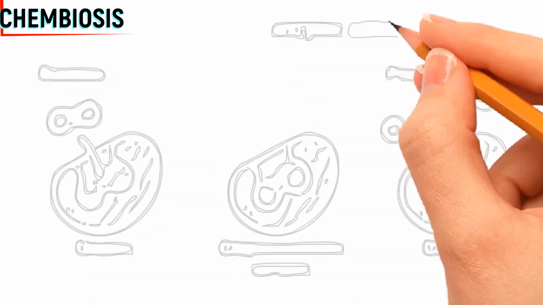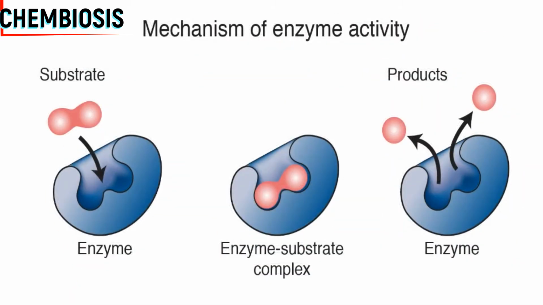Enzyme is a special chemical which is spontaneously produced inside the living cell. This enzyme helps to increase the rate of any specific chemical reaction. However, after completion of the chemical reaction, the structure of the enzyme remains unchanged.